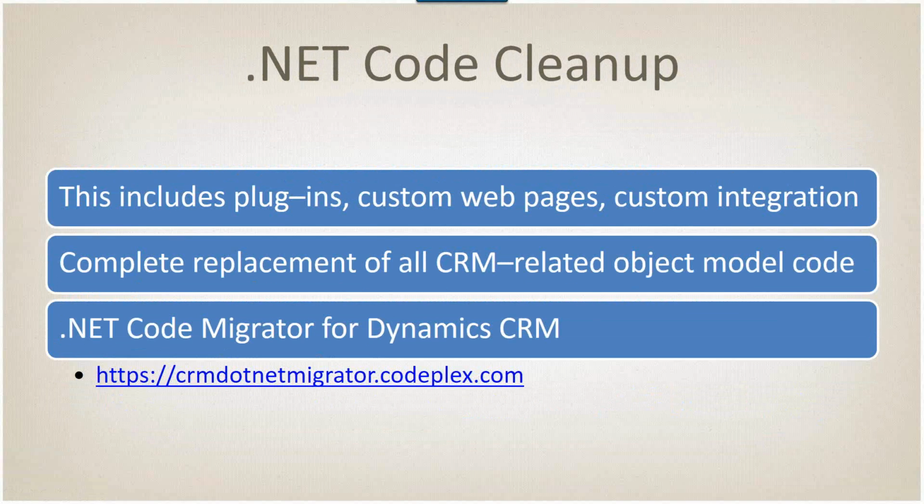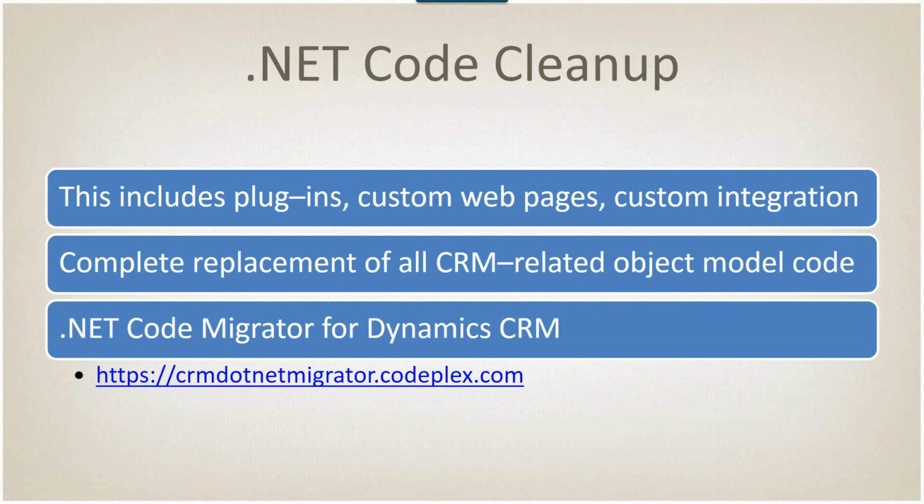The .NET code cleanup is more interesting, I think, than the JavaScript cleanup because there is a lot of code removal that has to be done. They completely replace the object model for CRM with the SDK, the DLLs and stuff. I created a free tool up on CodePlex called the .NET Code Migrator that is basically a bunch of macros that do search and replaces, and we'll talk about this in a little bit to help you move all this code.